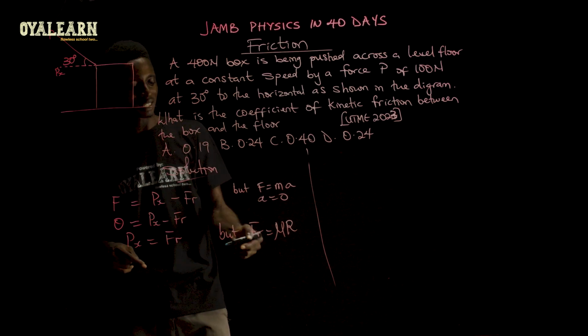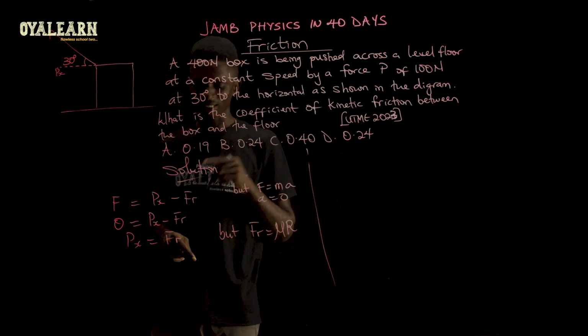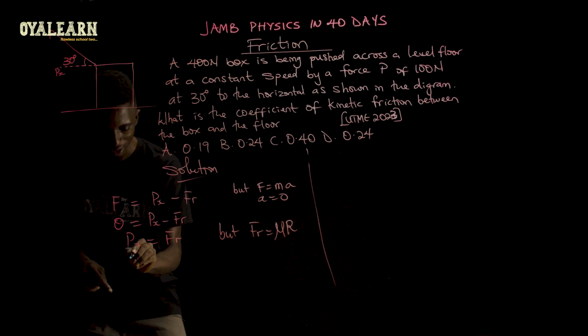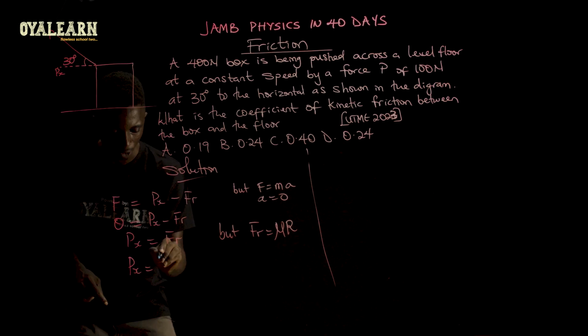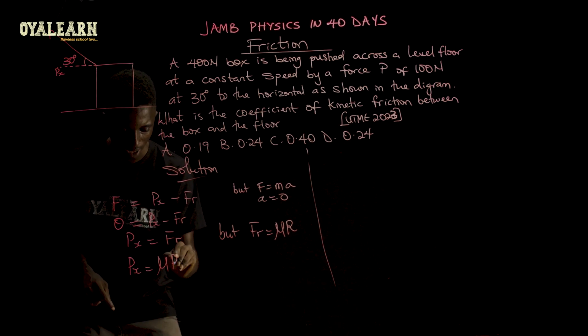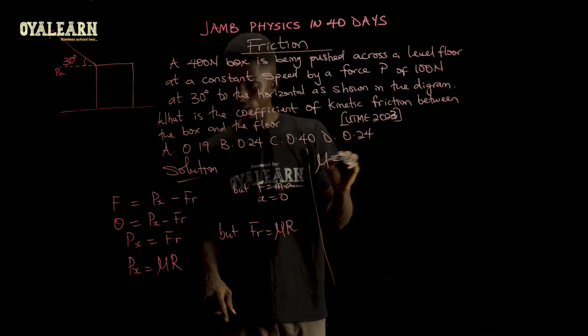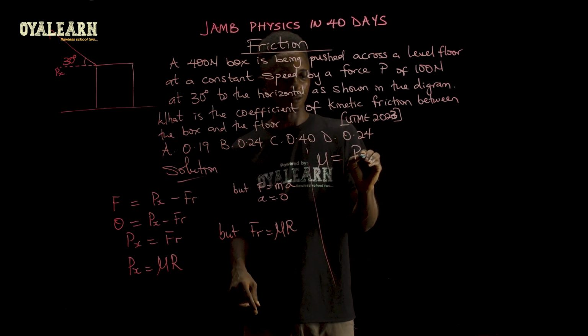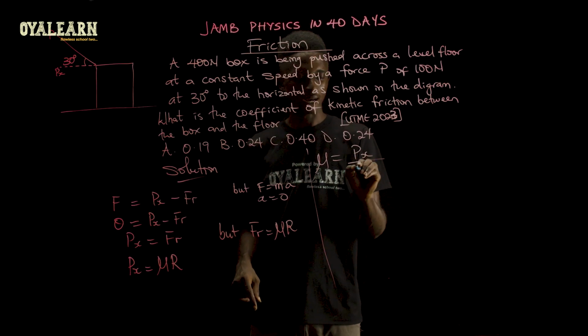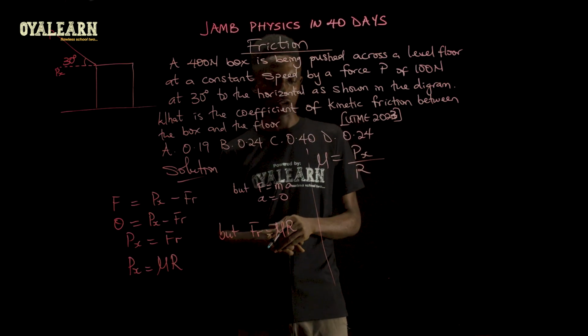The question is asking us to find this coefficient of friction. So let's continue. P of x is therefore coefficient of friction times normal reaction. So from here we can then say our coefficient of friction equals P of x over normal reaction.